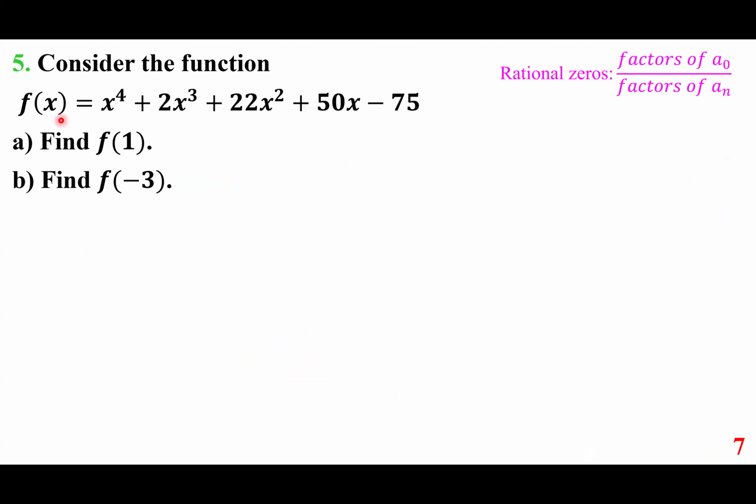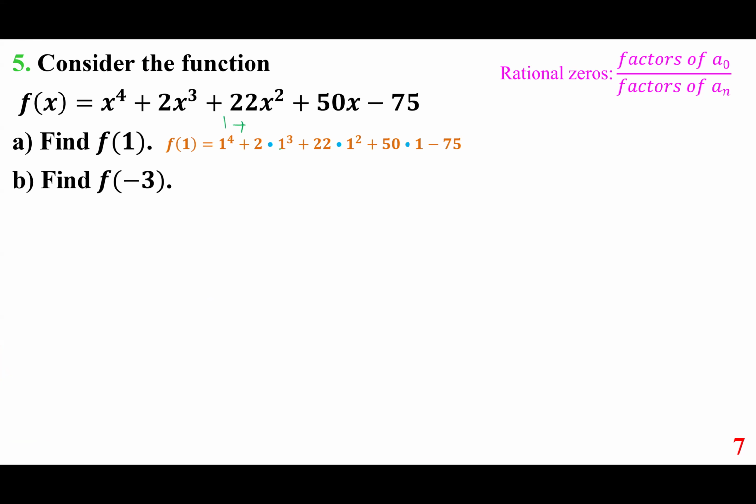All right, so in this case, consider the function f of x equals x to the power of 4 plus 2x cubed plus 22x squared plus 50x minus 75. We want to find f of 1 and f of negative 3, which simply means plug in 1. So obviously, this is 1.